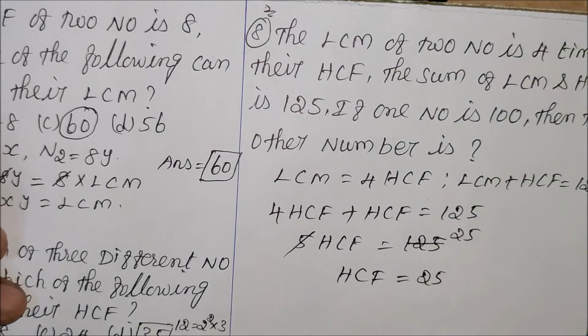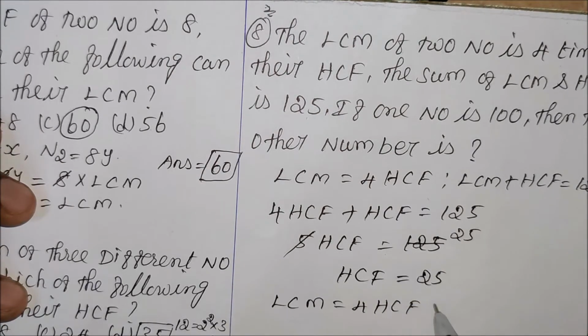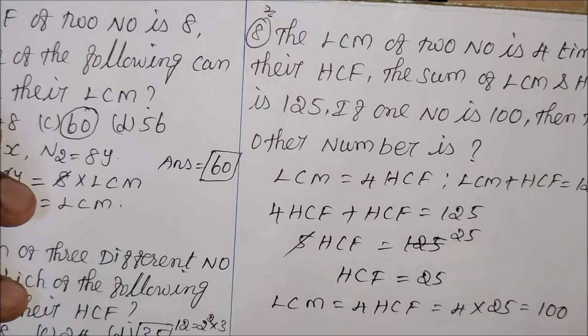So what is LCM? LCM is equal to 4 HCF, so 4 into 25 is equal to 100. So definitely the other number should be 25. So that's a simple thing.